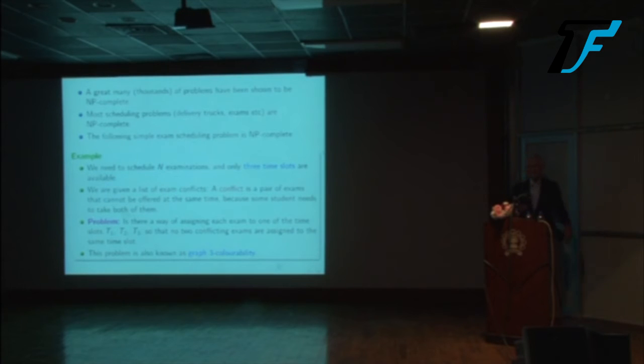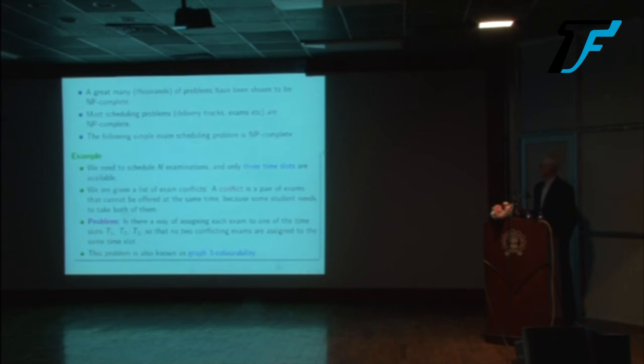So here's an interesting example, what we call an exam scheduling problem. Universities face this problem all the time. We want to schedule n examinations, but we have a limited number of time slots. I'm going to say just 3 time slots, because already with just 3 time slots, the problem is difficult.